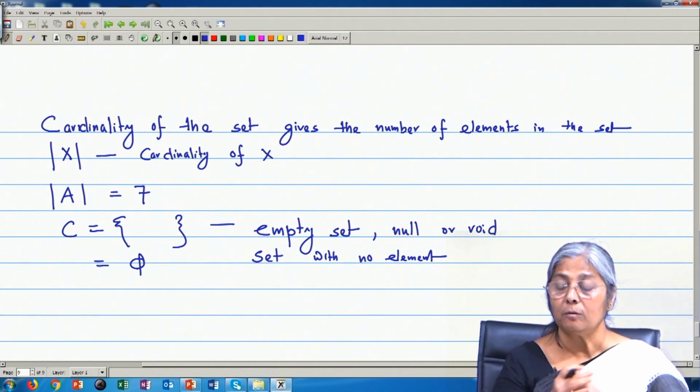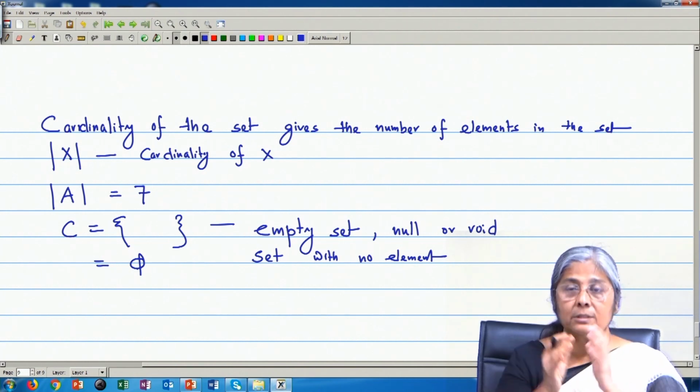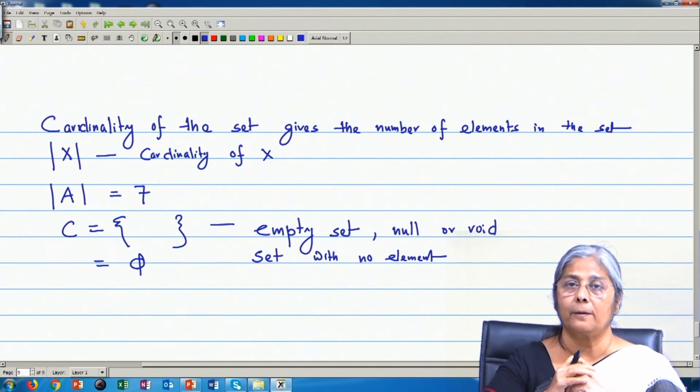Okay. Now, when can we say the two sets are equal?